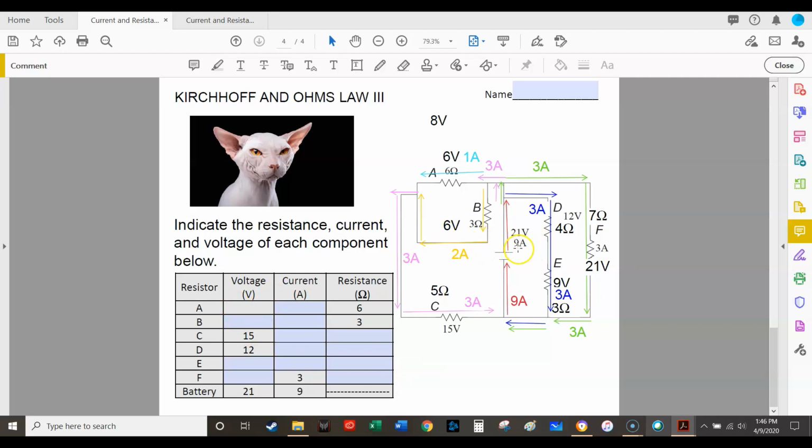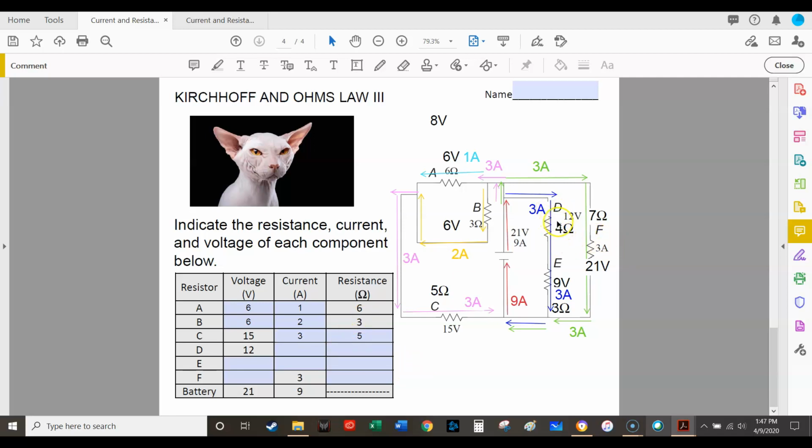So let's find A. Where is A at? C, D, E, F. A is up here. Wow, A is way up here. So A is going to be 6 volts, 6 ohms, and 1 amp. Okay. B is going to be 6 volts, 2 amps, and 3 ohms. C is going to be 15 volts, 3 amps, 5 ohms.